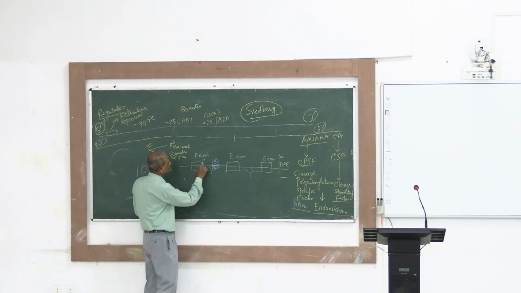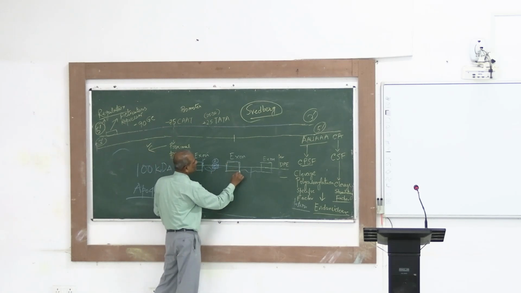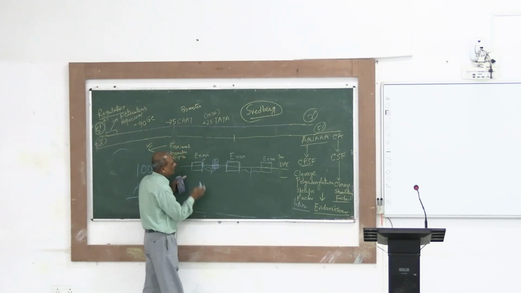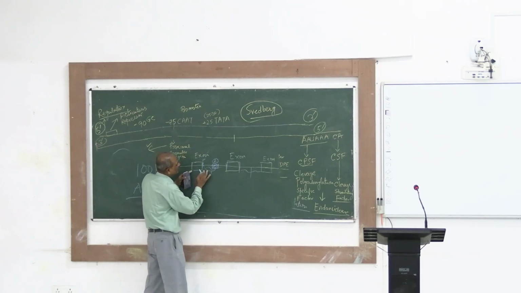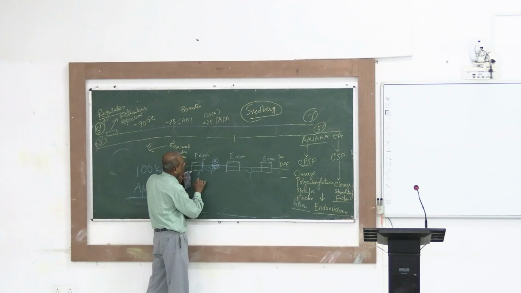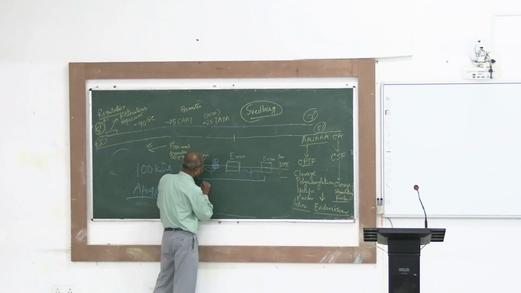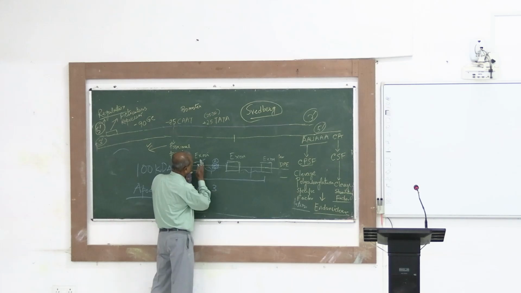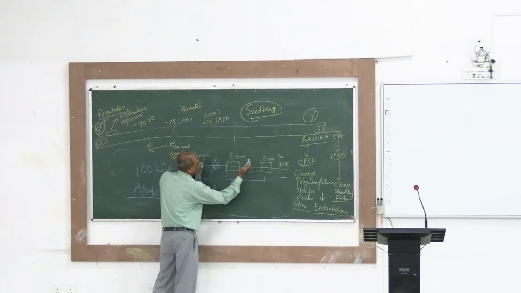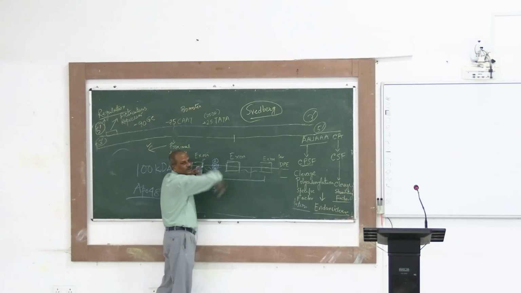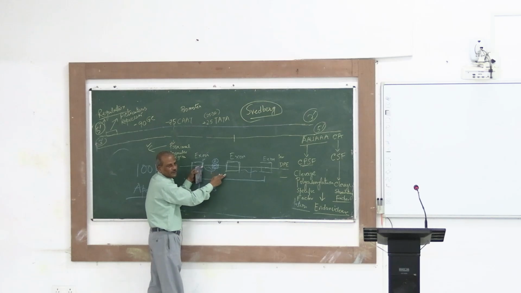Suppose here what happens, what can happen here? Exon 1, exon 2 and exon 3. Now, instead of cutting here, this exon 1 can join with the exon 3, 1 and 3. It is possible that it has cut here, it has cut here also. It has removed the intervening exon.